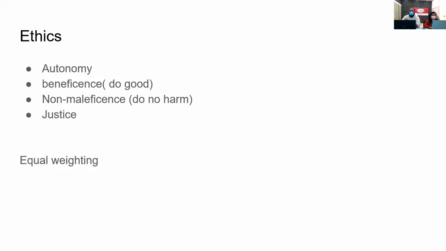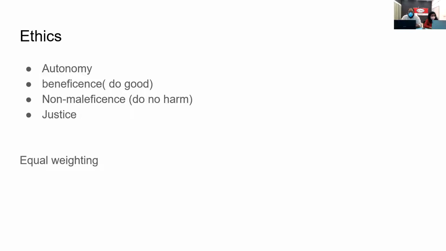So when it comes to ethics, we have 4 cardinal principles to consider. Those are autonomy. Autonomy means the patient has the right to take the decision. The decision of the patient is final. Beneficence, which basically means do good, only do good for the patient. Non-maleficence, try not to do any harm.